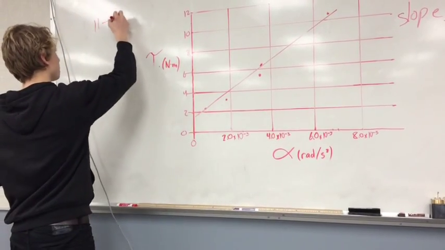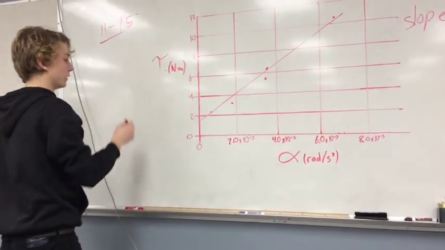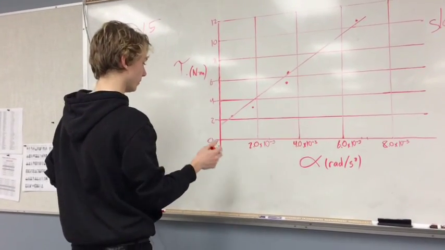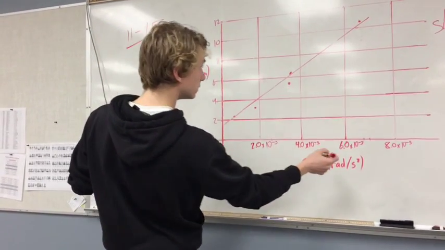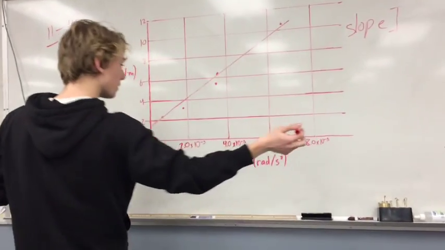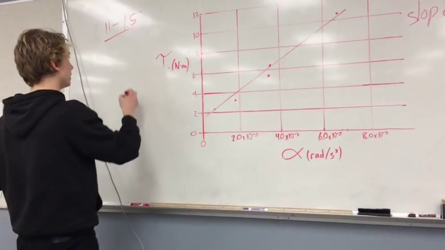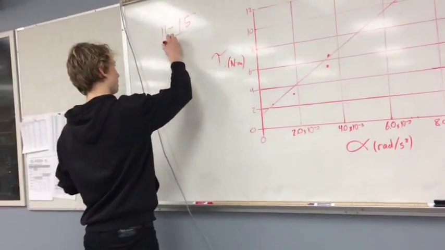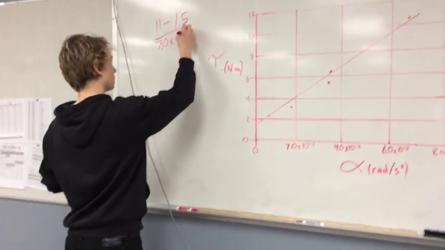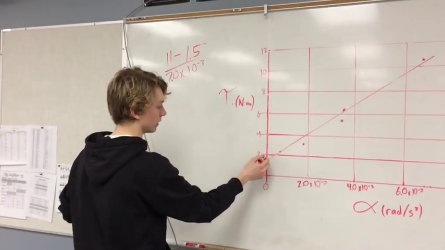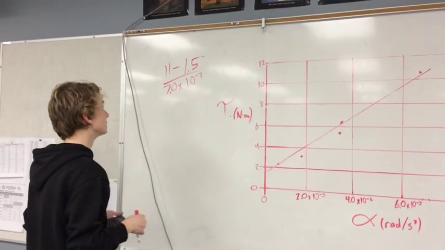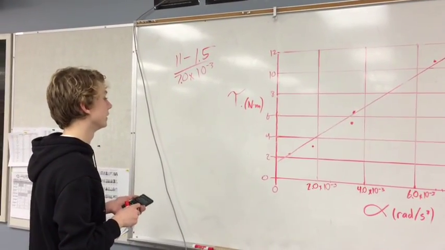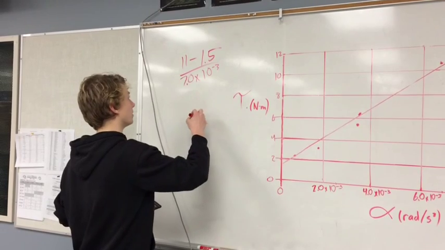1.5 all over run, which is 7.0 times 10 to the negative 3, and minus 0 because it has an intercept. So we're going to calculate that quickly. Well, that's 9.5 on the top there.